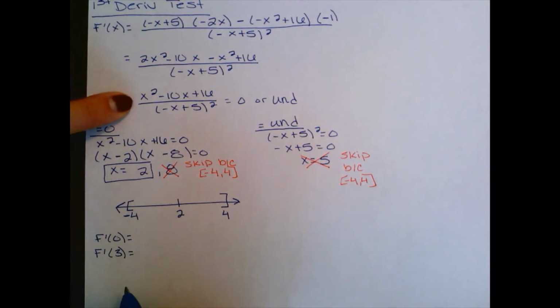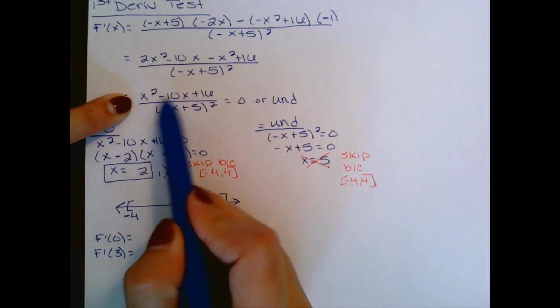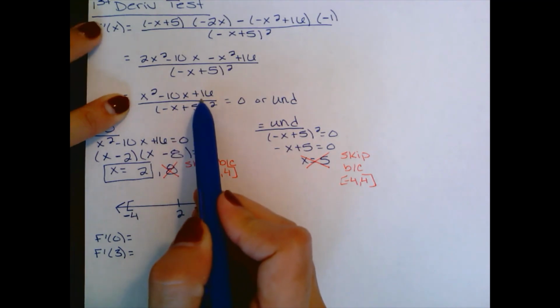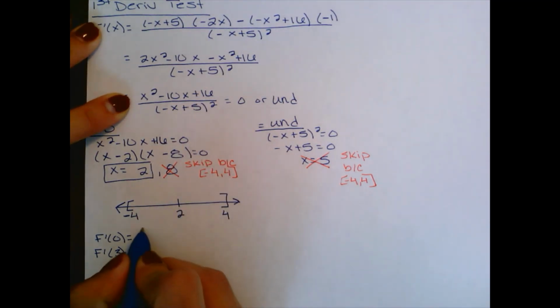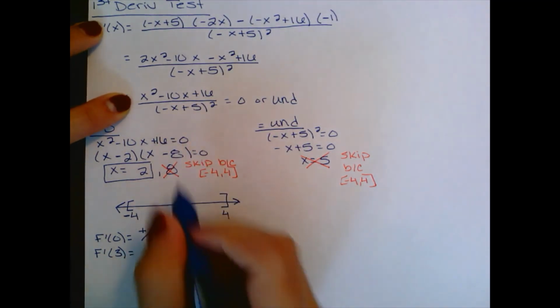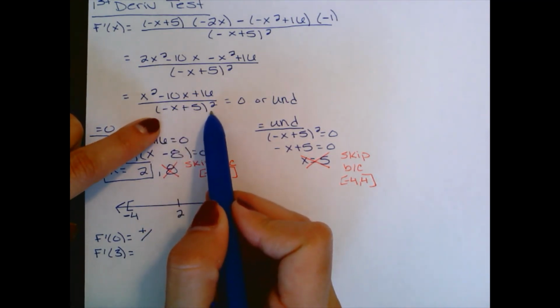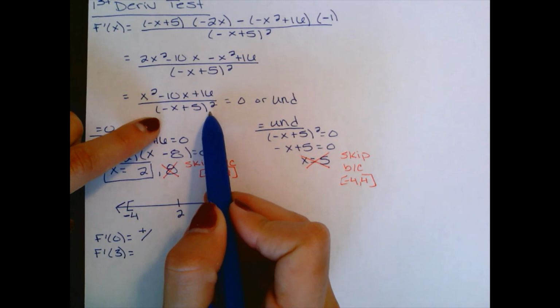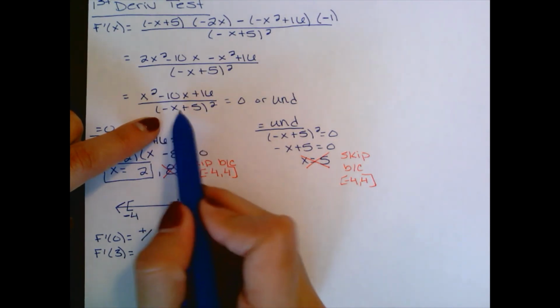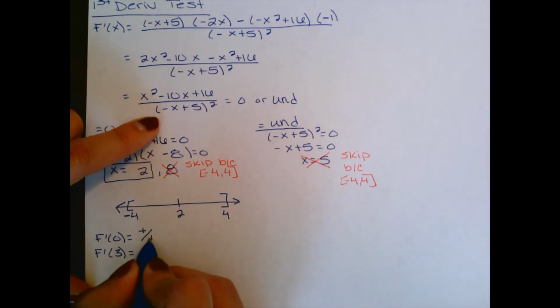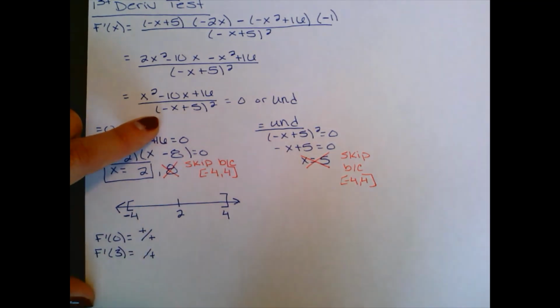I just like 0 because it cancels out easily. So if I put a 0 in here, this term cancels, this term cancels, and I have a positive 16. And then remember my denominator, if the entire thing ends up being raised to an even power, it will always give you a positive number. So no matter what I plug in here, I will always be dividing by a positive.